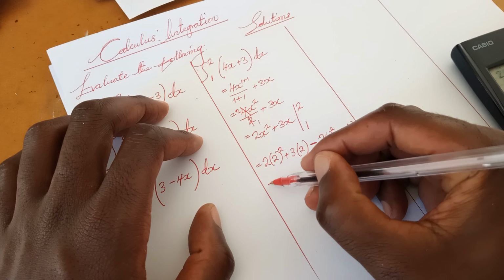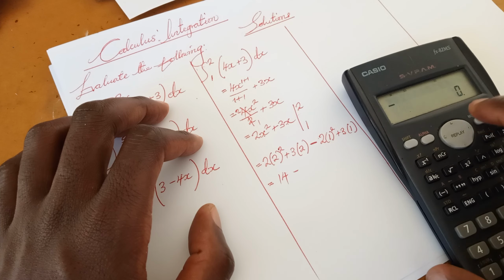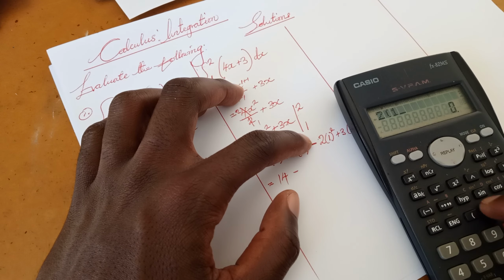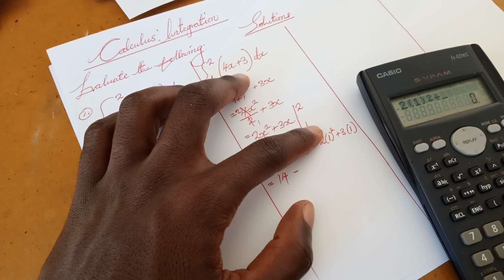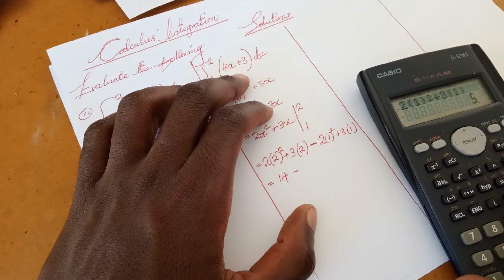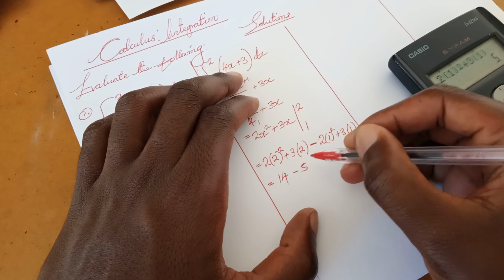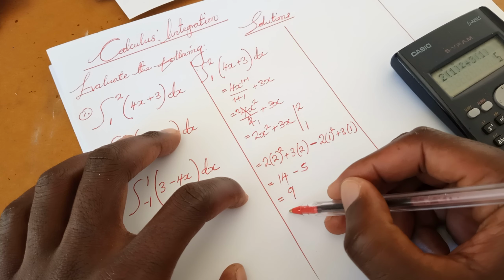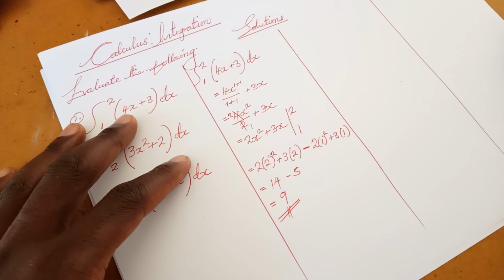So this equals 14 minus, again we punch this in, 2, open bracket, 1, squared, plus 3, open bracket, and then we put 1 there. It's giving us 5. So from 14, we take away 5, you are going to have 9. That is our answer.